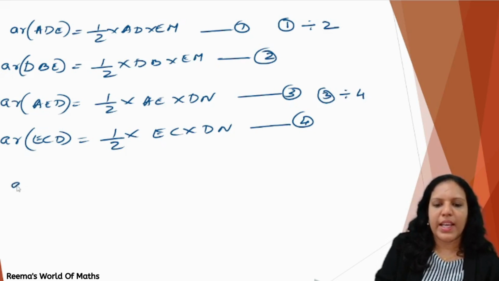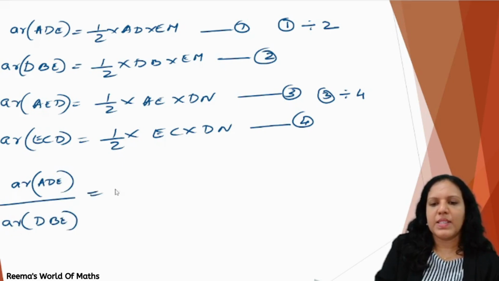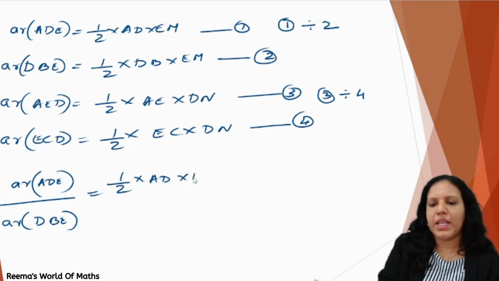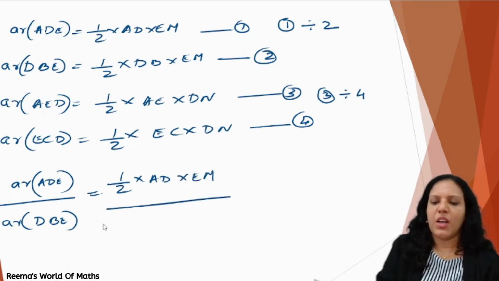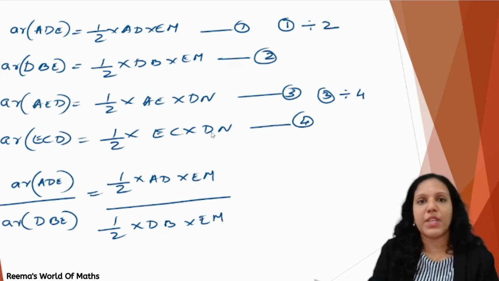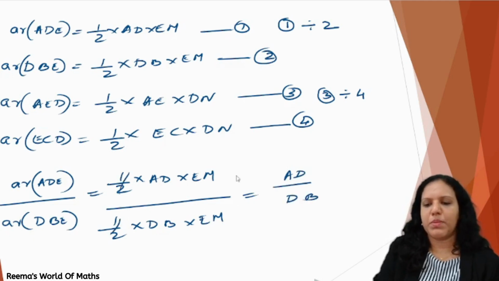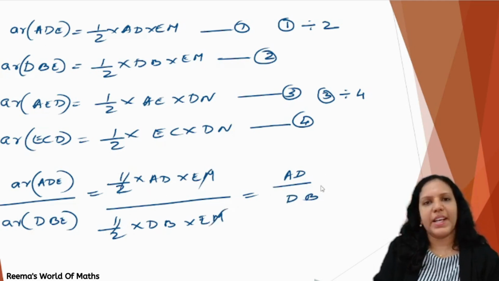So for that, area of triangle ADE divided by area of triangle DBE, correct, is equal to 1/2 multiplied by AD multiplied by EM divided by 1/2 multiplied by DB multiplied by EM, which is equal to AD divided by DB. How? We can cancel 1/2 and EM. So the left is only AD by DB.